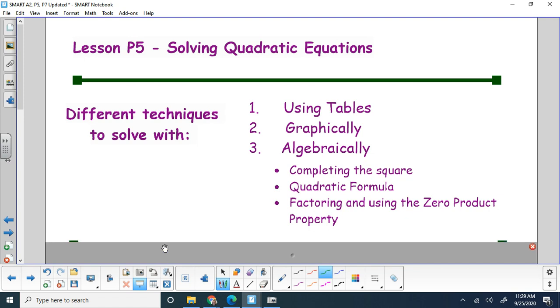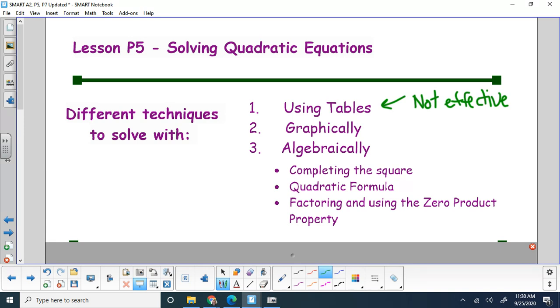So to begin, many students will tell me that the first thing they do when solving a quadratic equation is they jump in and they use the table method. Now, the table method is not a great method because it's not very effective. What I mean by that is if your answer is a decimal, it's going to take you a long time to narrow in.